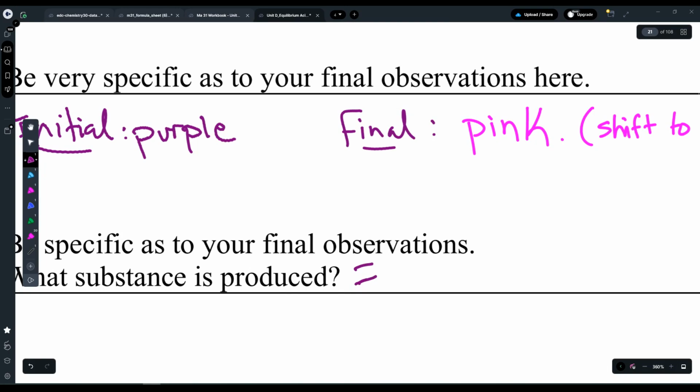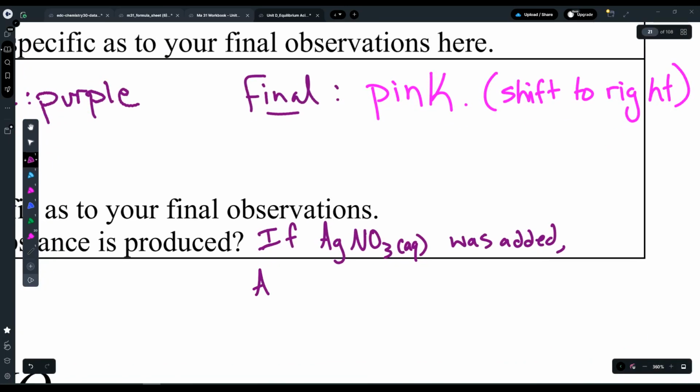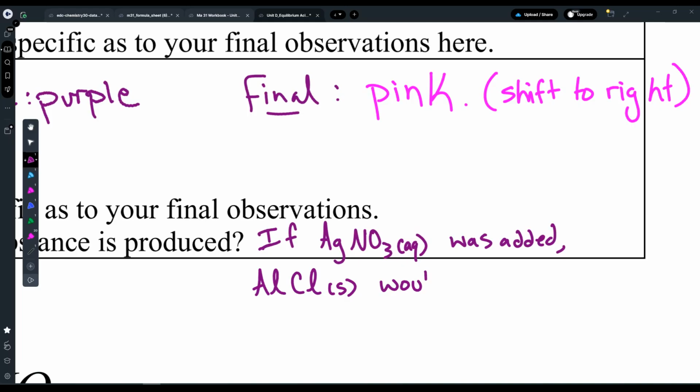So if silver nitrate was added, silver chloride, solid because it's insoluble in water, would have been produced.